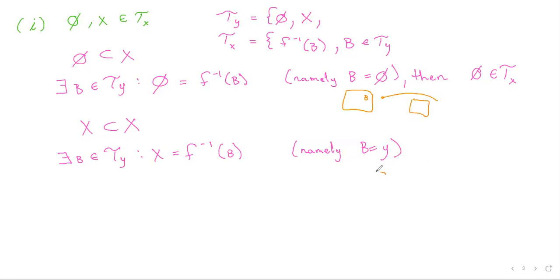For this one, we choose B to be Y, and it will land on the universe on that side. So then the universe exists in topology X, and that is the first condition.